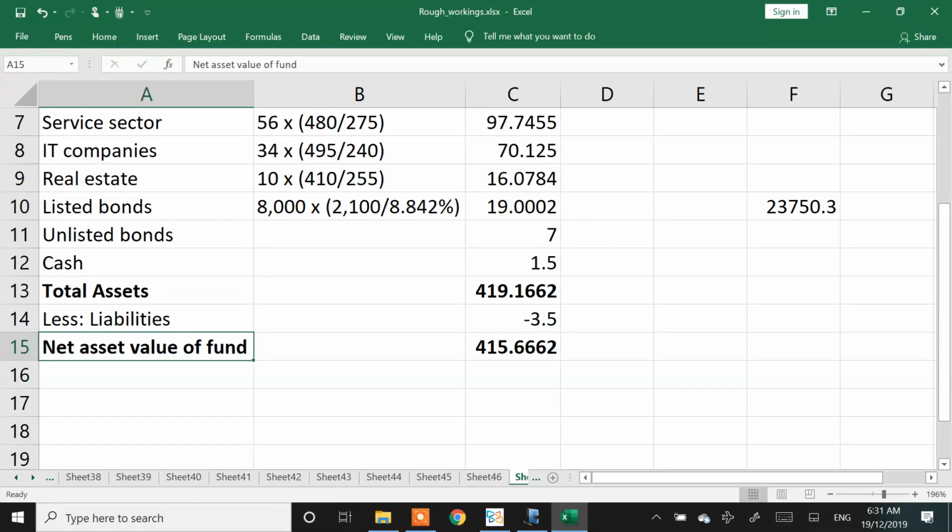Let me know if there is a doubt in 415 crores. Any doubts in 415 crores? Do let me know about it. Number of units, NAV per unit.